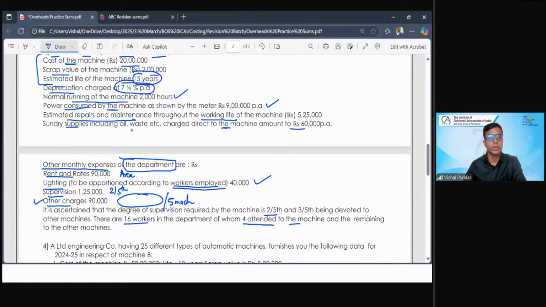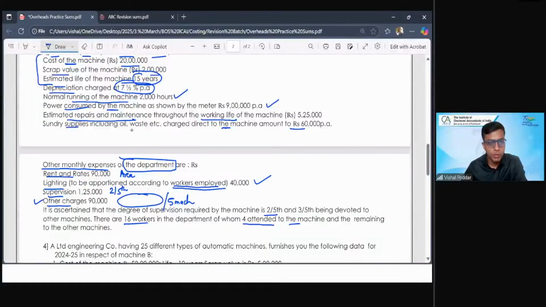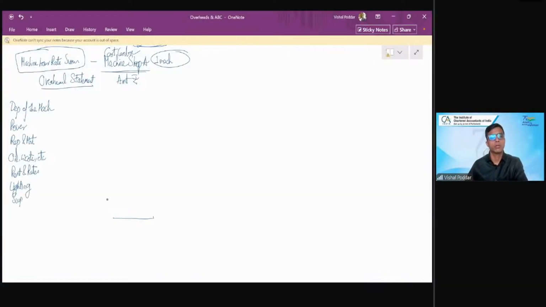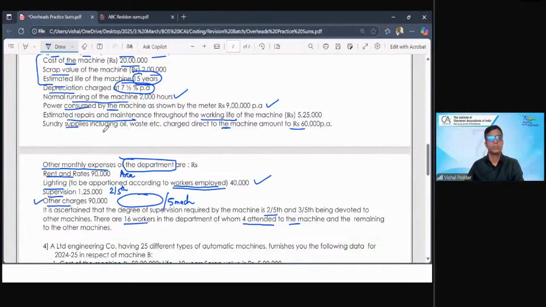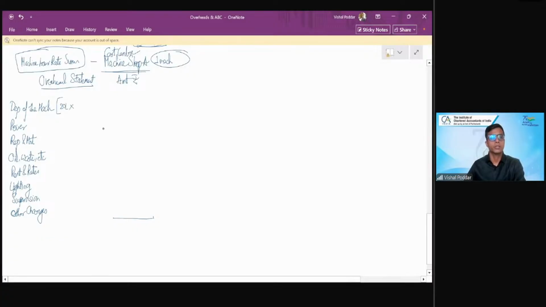In other monthly charges, you have rent rates, you have lighting, supervision, other charge. Okay, so one by one. So depreciation, cost of machine 20 lakhs into, sorry, not this, 7.5. So 20 lakhs into 7.5%.